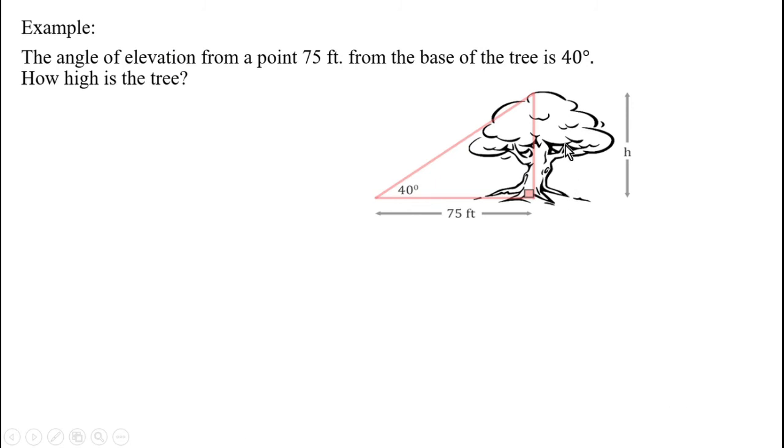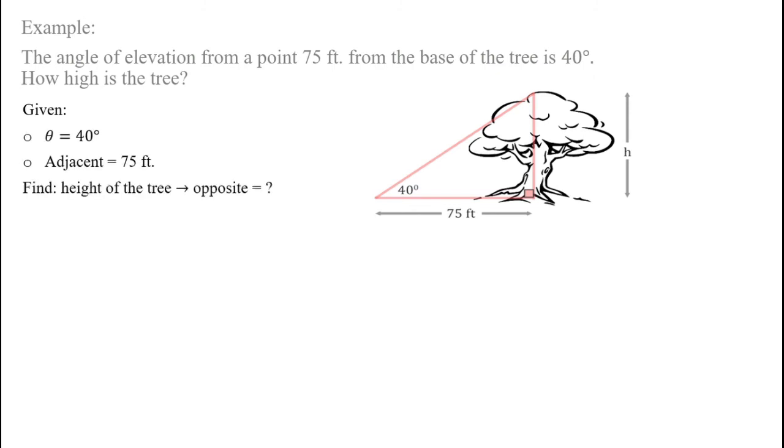So the question is, how high is the tree? The height of the tree is opposite to your given angle, and this is your adjacent. So given theta is 40 degrees, adjacent is 75 feet. We should find the height of the tree.